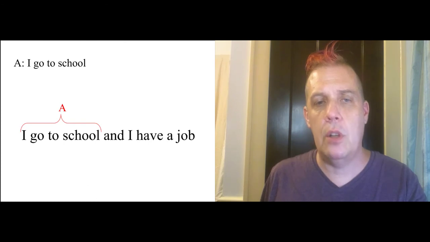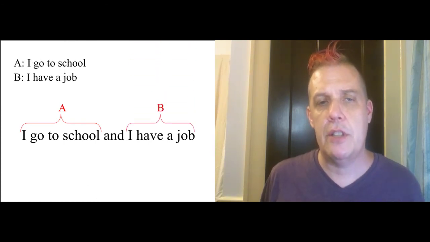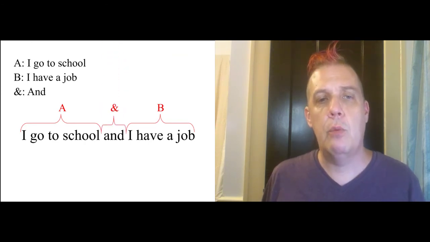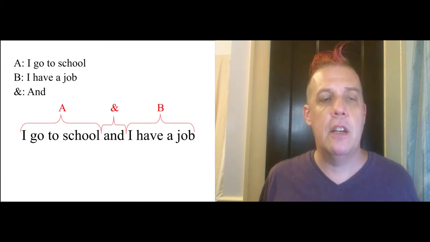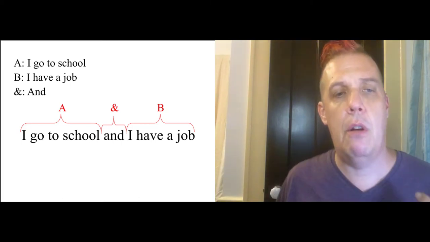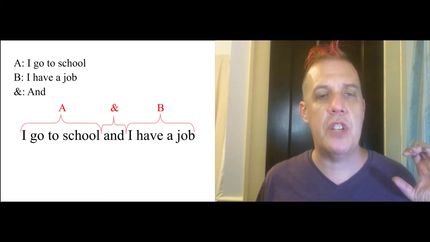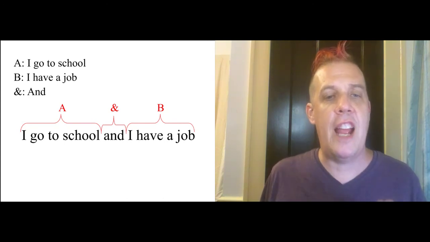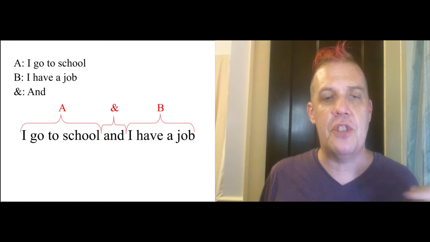I go to school is an atomic statement. I have a job is an atomic statement. So you can put those two together with the and you get the representation in our symbolic language SL for I go to school and I have a job. We'd now just say A and B.